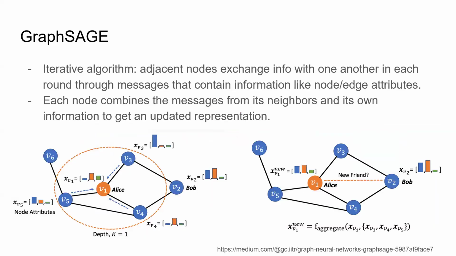So for graph stages, this is an iterative algorithm. During model training, at each iteration, adjacent nodes exchange information with each other. These would be the node attributes, which are a set of parameterized weights; you can decide how you want to set those up. After an iteration, they combine the messages they receive from their neighbors and get their own updated representation.